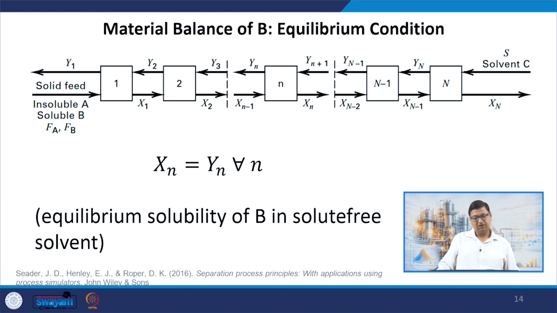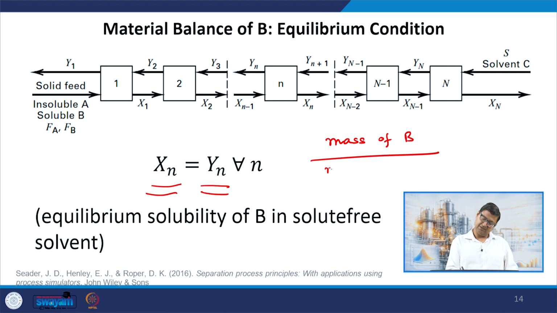And finally, we can use the condition of equilibrium that states that xn should be equal to yn. Why is that? Because we are talking about the solubility of B in a solvent, right? So x and y are defined as the mass of B by the mass of solute free solvent.